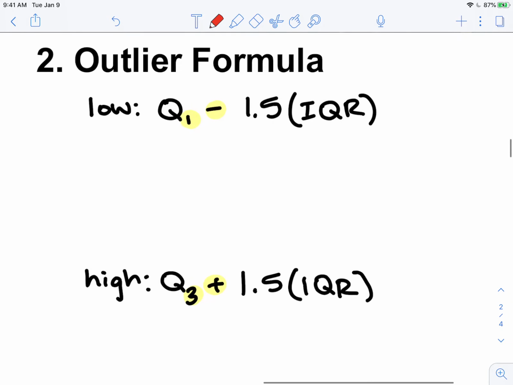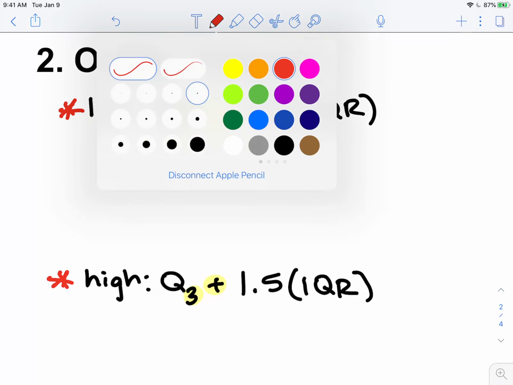Outlier formula. I wrote it for you here, and I highlighted the only differences. For the low outlier, you'll see Q1 and it's minus. Then over here we got Q3 and it's plus, because you're looking for the low outliers right here on the low end and then on the high end here.